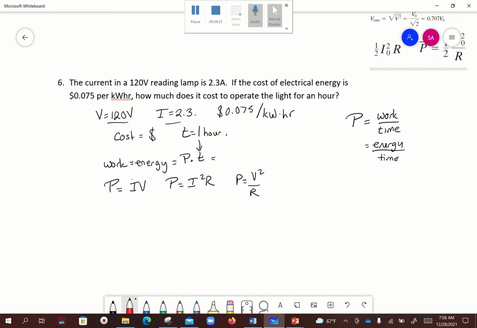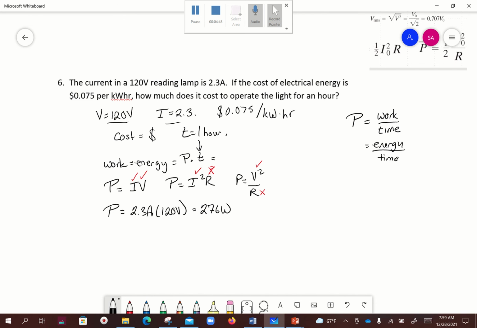I have I and V. I don't have R, so I can't use either the second or the third equation. I'm going to use that first equation again. So my power is equal to the current, 2.3 amps, times the voltage, 120 volts. So my power is 276 watts.